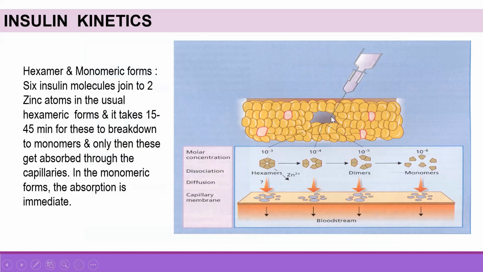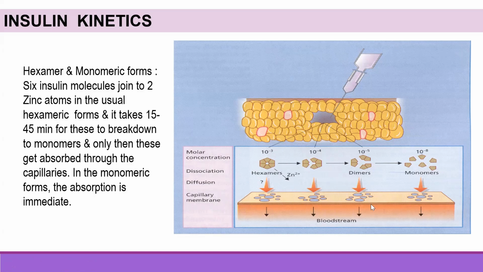So this is the insulin kinetics which I have talked about. When we give an insulin injection, it forms hexamers in the subcutaneous tissue. So 6 insulin molecules form the hexamer, and after the hexamer formation, they undergo dissociation and it becomes dimer, and after the dimer it becomes monomer, and in the monomeric form, they are absorbed and exert their effect on the target cell.